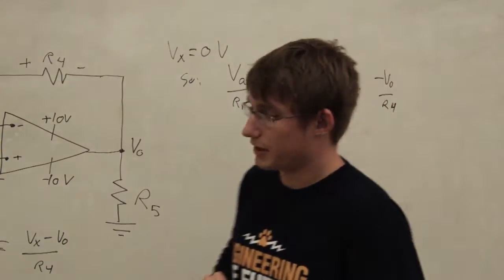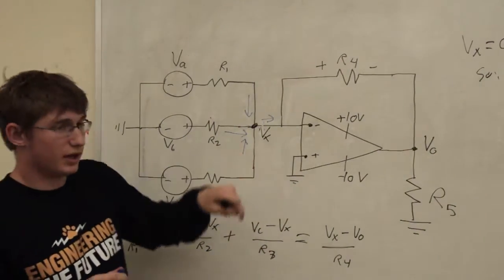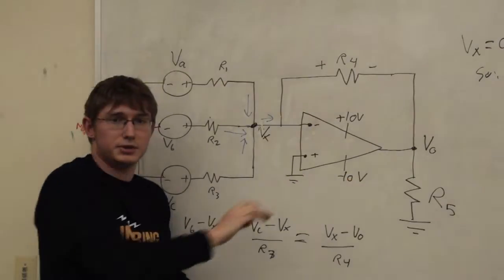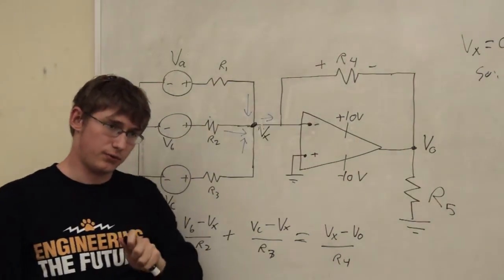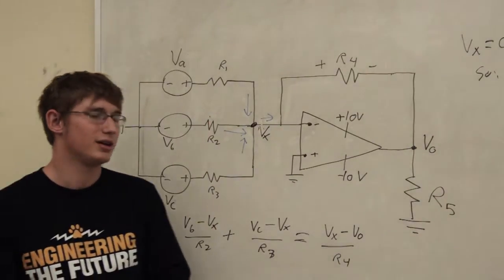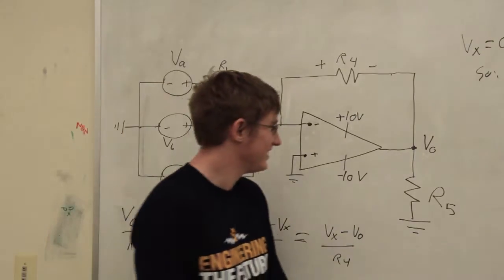And this negative sign makes a lot of sense, since the current flows from Vx through R4 to V0, and there's a voltage drop across R4, so Vx is going to be at a higher potential than V0, similar to water.